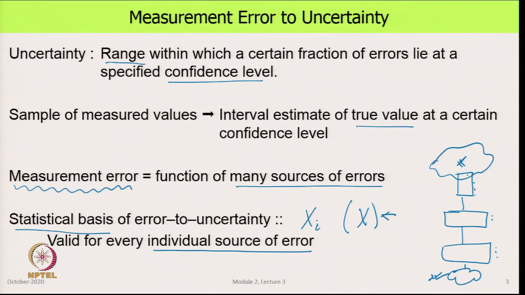So, if there was an error introduced over here for some reason, that error would also be treated in the same way using the same statistical basis that we have learnt in the previous lecture. This is an important thing. Whether that error came from data, from a random source, from a systematic source, we can still model it and look at it as its statistical basis.